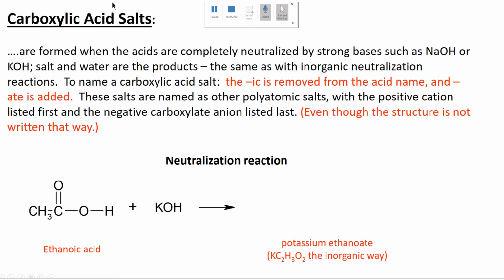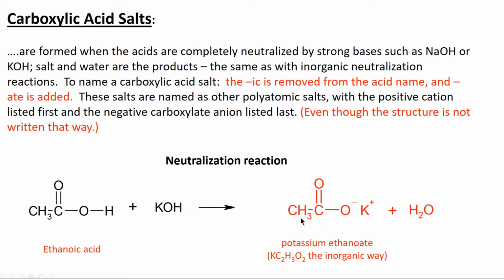So with carboxylic acids, if you react that with a base, you're going to form carboxylic acid salts. So here we have two carbons, ethanoic acid, and this potassium hydroxide. So we have an acid, we have a base. That means we're going to form salt and water.